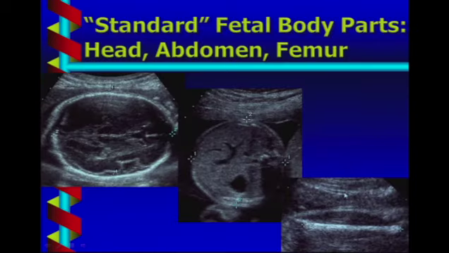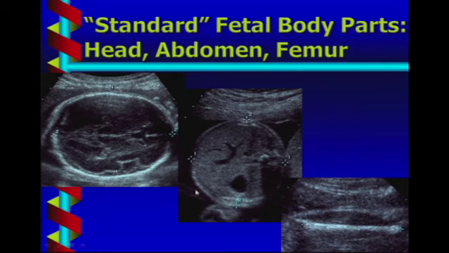There are some what we might call standard fetal body parts, the head, abdomen, and femur. As seen here, you have to measure them carefully, measure from leading edge to measure the biparietal diameter. Make sure that you have the internal structures, the thalami, the cavum septum pellucidum in view, ideally at least, and measuring the OFD, the occipitofrontal diameter or length of the head from the midskull to the midskull.